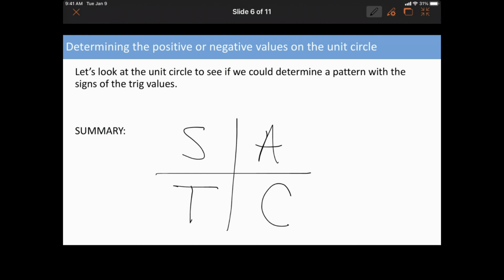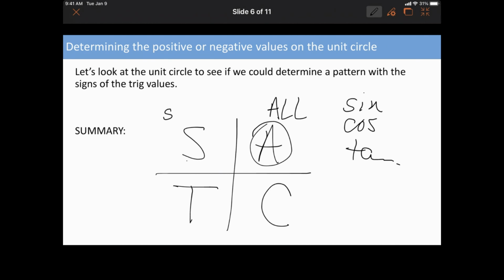Now, this is only for the big 3. When I say the big 3, I mean sine, cosine, and tangent. So when it says all, that means all of them, right? That we had said earlier, sine, cosine, tangent, cosecant, secant, cotangent, they're all positive. Here, sine is positive. So this tells you positive.